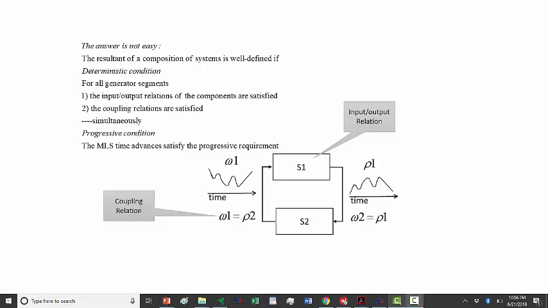For the progressivity condition, the maximum length segmentation, which computes the time advances, satisfies the progressive requirement that time always advances as the segment or trajectory is extended.